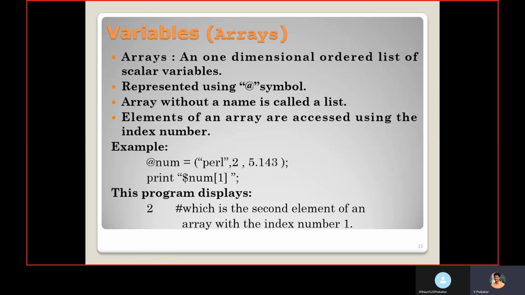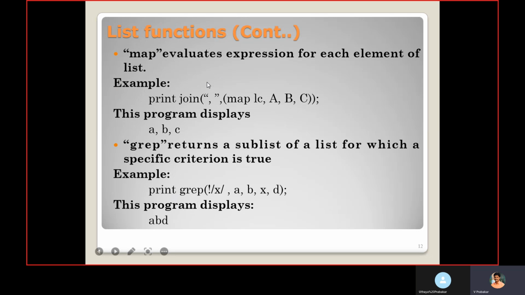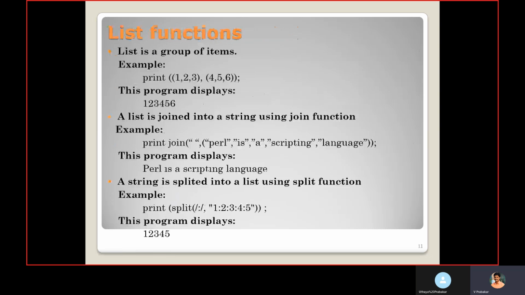Variables. In that, first we discussed scalars. Now we are going to see arrays. An array is a one-dimensional ordered list of scalar variables. This is a list. When you assign this list to a variable, that is the array.